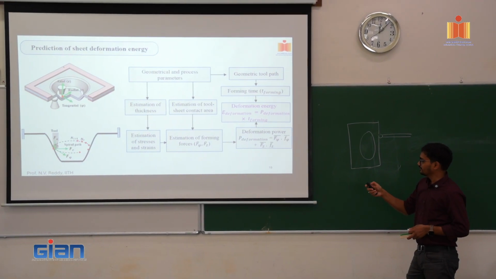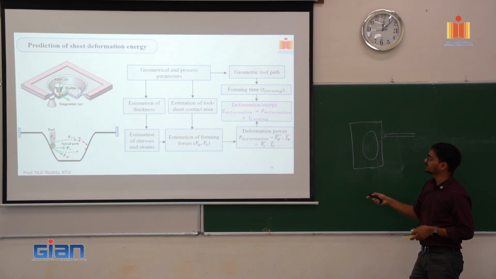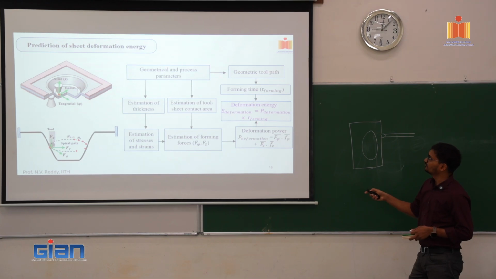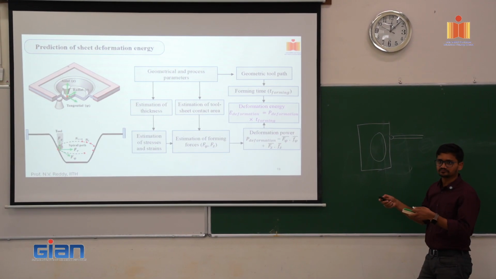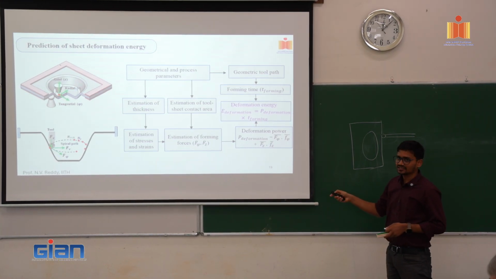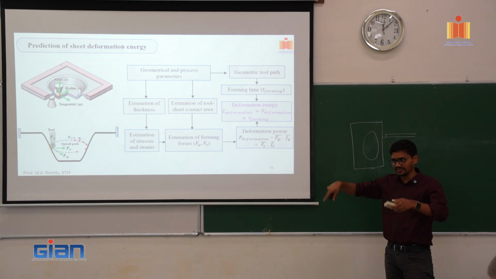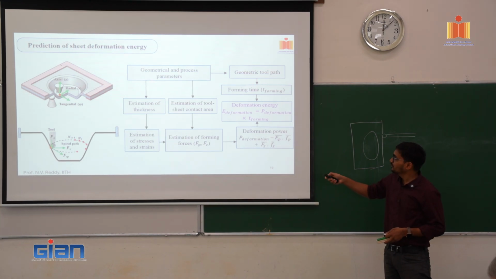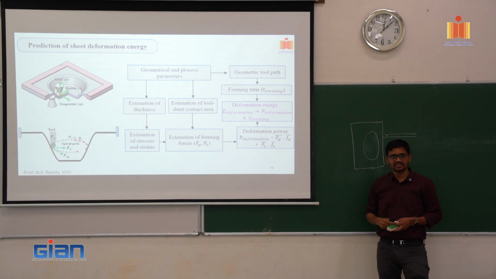Now here is a mathematical model which will help you in calculating the deformation energy. For that you need to know the geometry of the component that you are trying to make, and you need to know the process parameters. From there you can calculate the tool path and the time required for making it. From here you can calculate the stress and the strain, and you can do some finite element analysis.